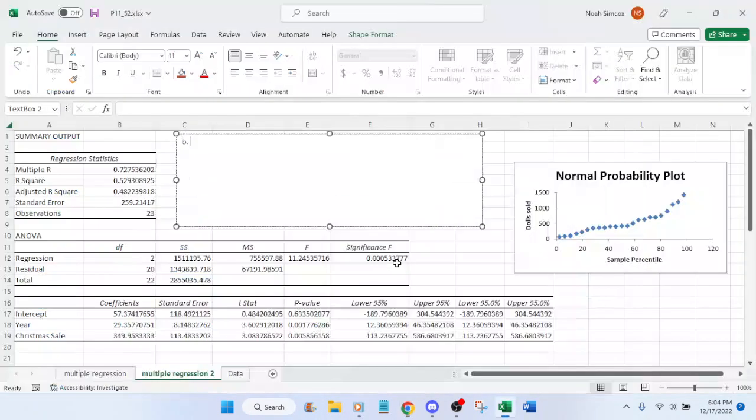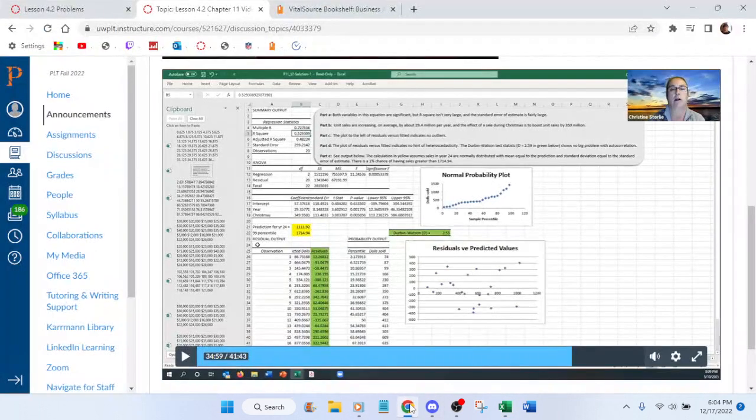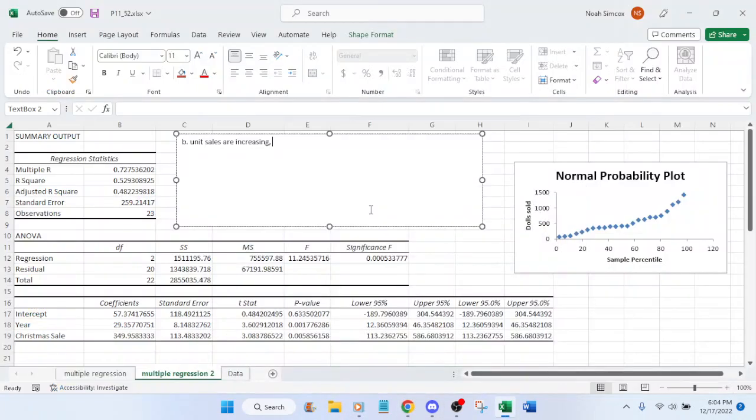Unit sales are increasing on average by about 29.4 million per year.